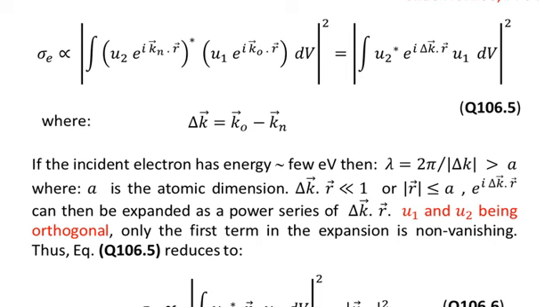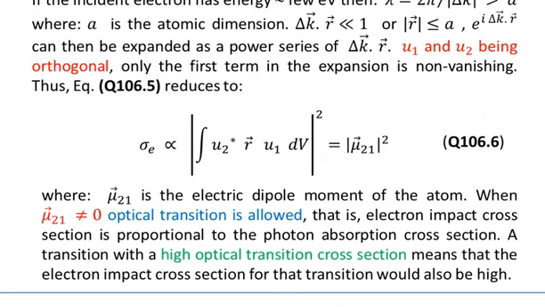So we are substituting the first term in equation number 5, and we have this integral, that is sigma e is proportional to the absolute square of the integral of the conjugate of u2 multiplied by the vector r multiplied by u1, and of course integration with respect to the volume element dv.